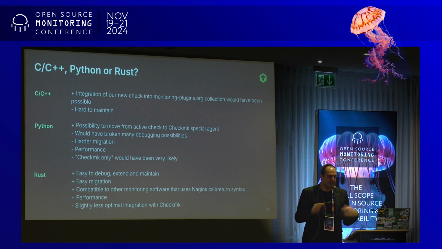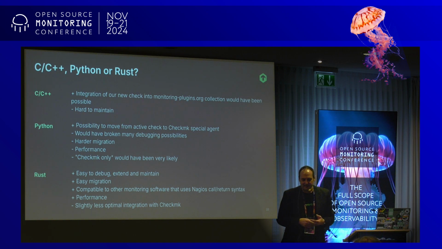Python would have given us the possibility to move this active check to a Checkmk special agent, but that Checkmk special agent is very different from the classic Nagios active check style call, which would have meant an even harder migration, worse performance, and Checkmk only. Rust, in the end, is easier to debug, extend, and maintain.